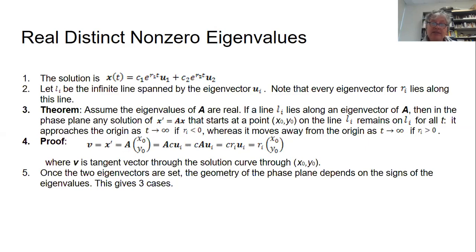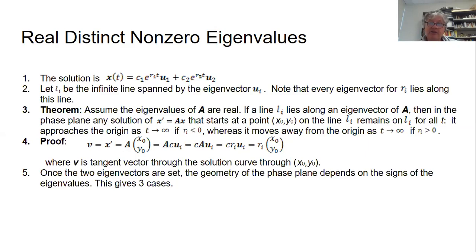Okay, so we're at some point x naught, y naught. We look at the tangent vector in the phase plane for that point. It's just going to be the derivative, right? So it's going to be A acting on the vector x naught, y naught. Well, x naught, y naught, we're told lies upon that eigenvector, so it's some constant multiple of the eigenvector.